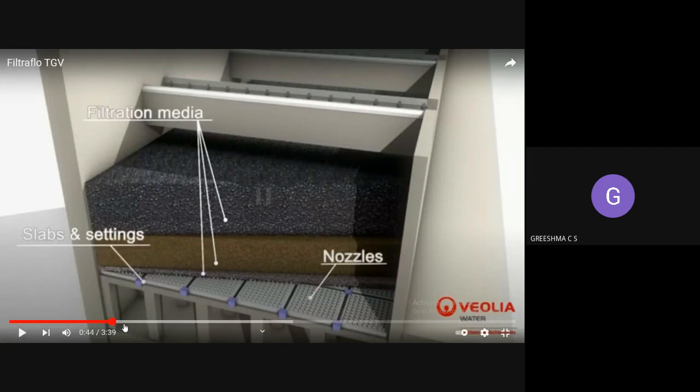We are not having the lateral settings and nozzles here because that is more advanced. Instead of these laterals and nozzles, here we have the under drainage system.